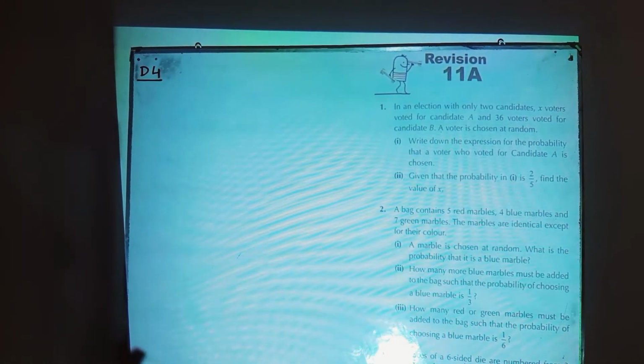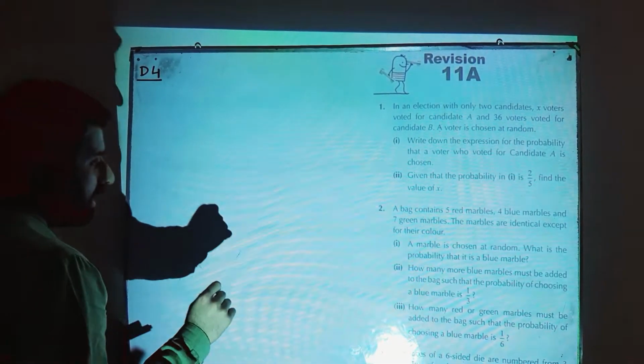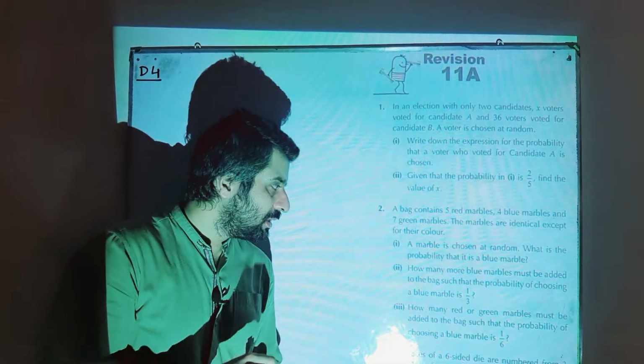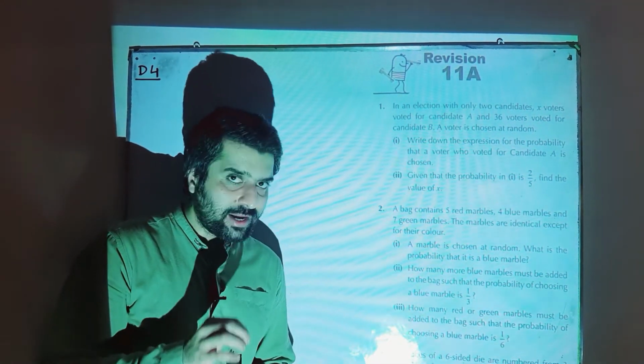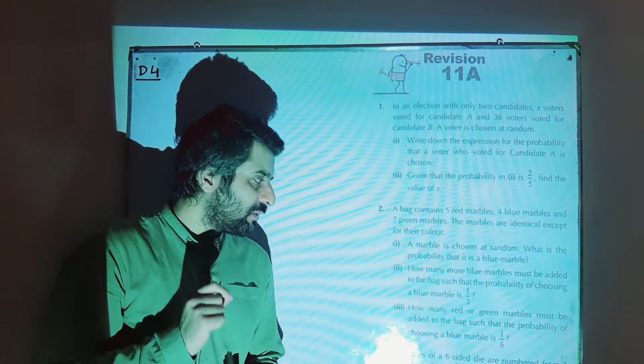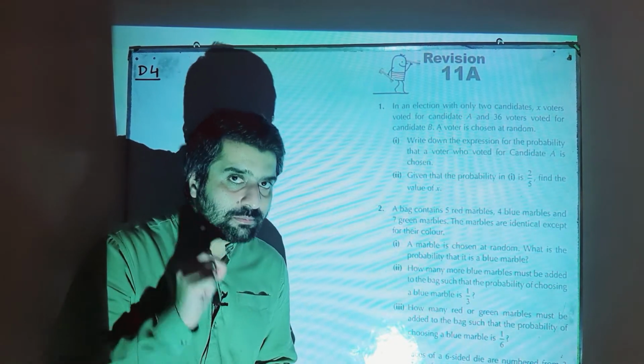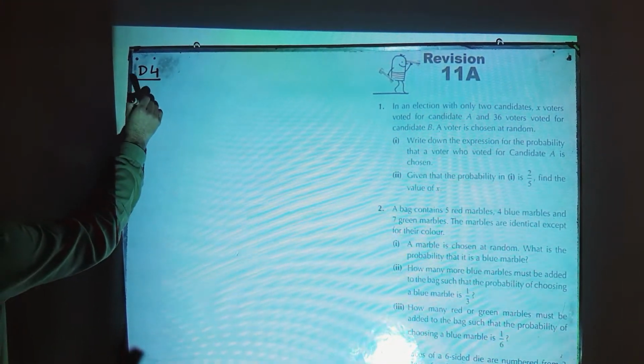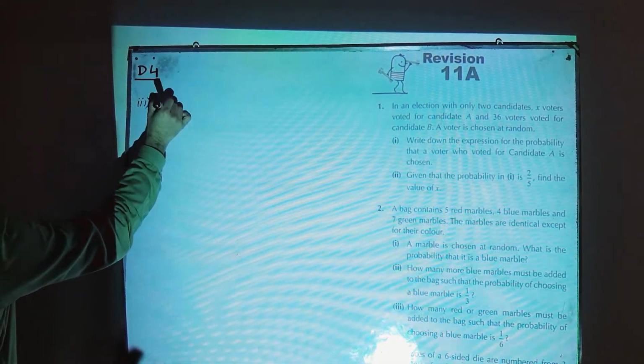Now part number 3 is: how many red or green marbles must be added to the bag such that the probability of choosing a blue marble is 1 by 6. Again we have been given the probability of blue marble. First of all, write down the formula.